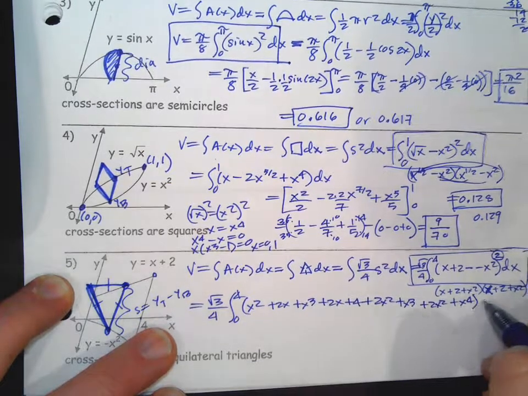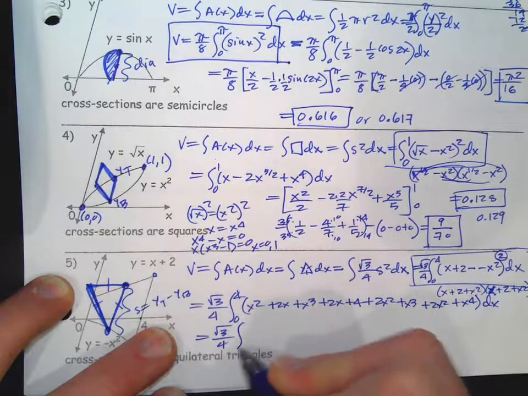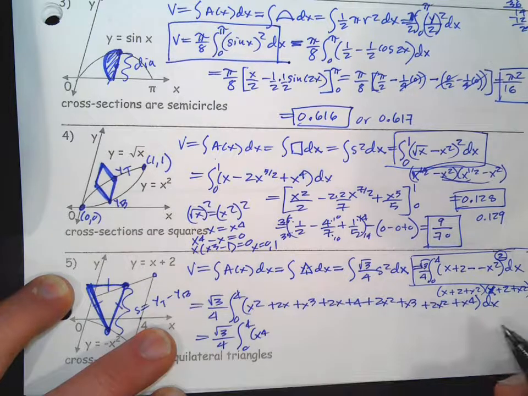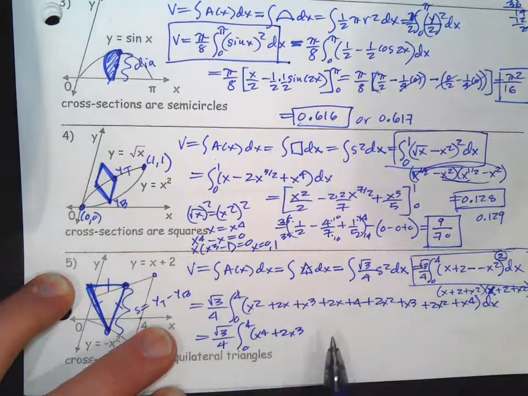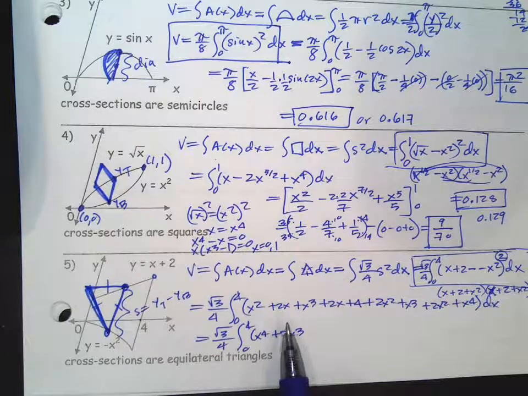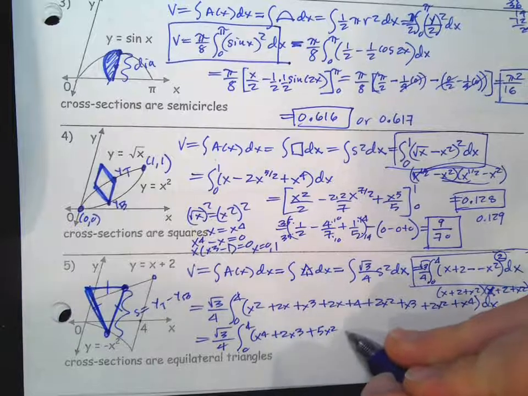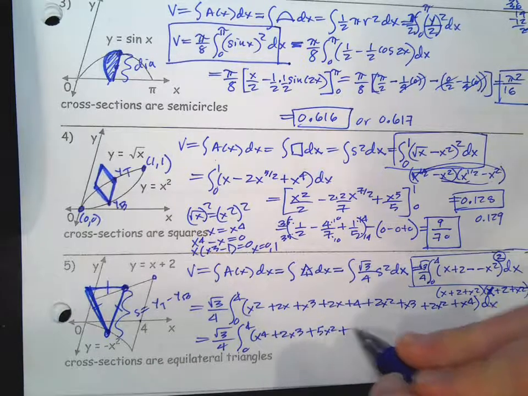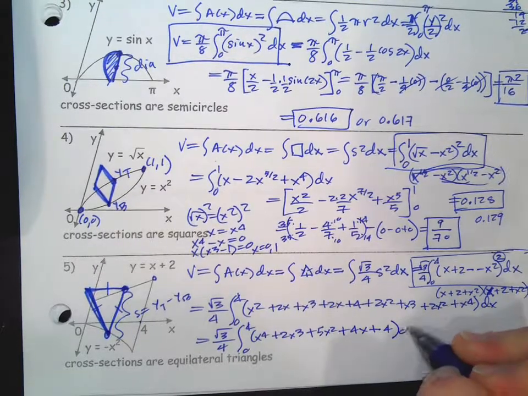Oh my gosh. Combine like terms. Probably put the x to the fourth first, and then 2x cubed. And then we have x squared, 2x squared, 2x squared. So is that 5x squared? And then x is 2x, 2x, 4x, and plus 4, I think.